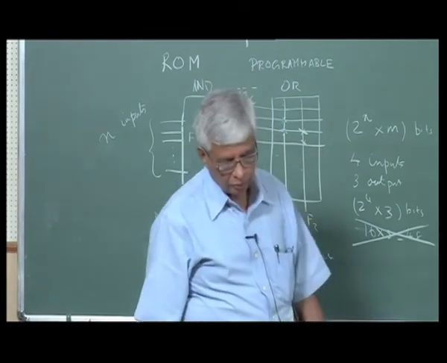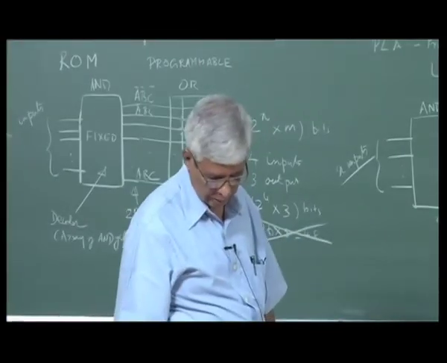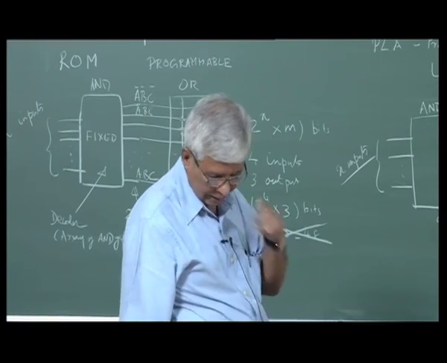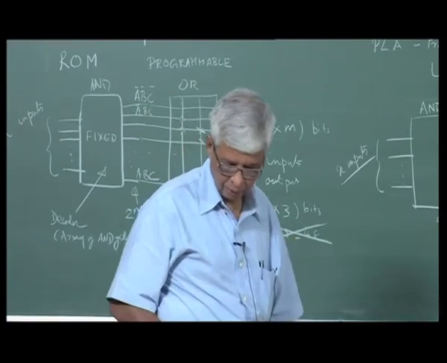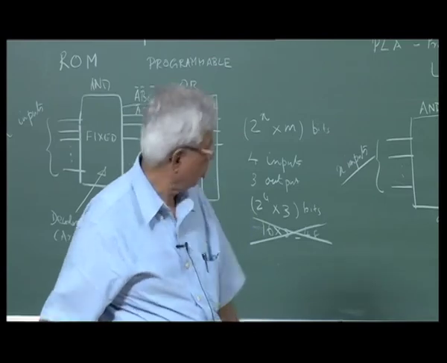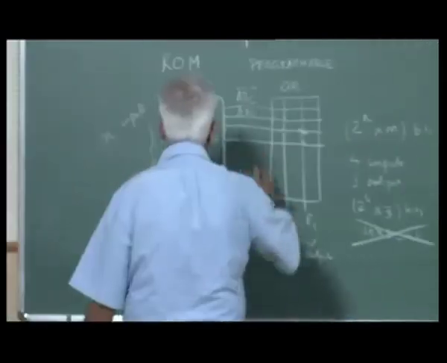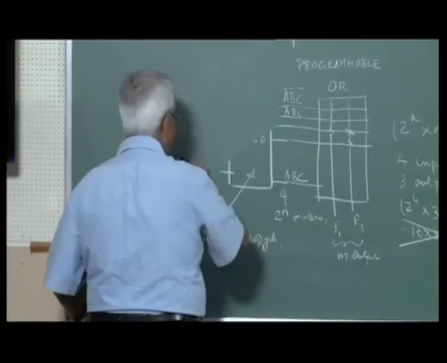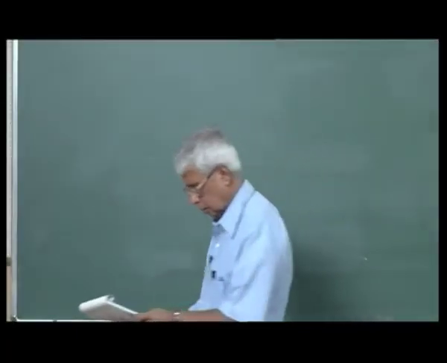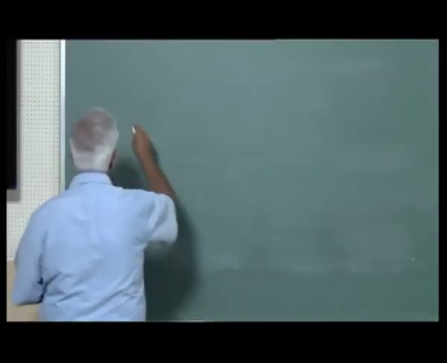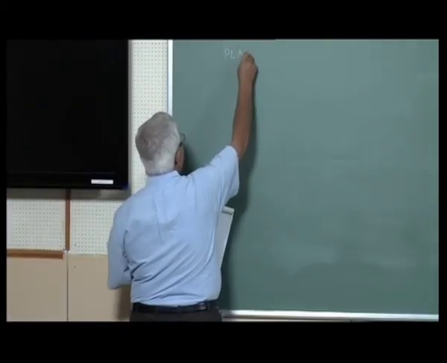So we draw what is known as a PAL table. The normal way of representing this problem would be, we will draw a table called PLA table, programmable logic array table.